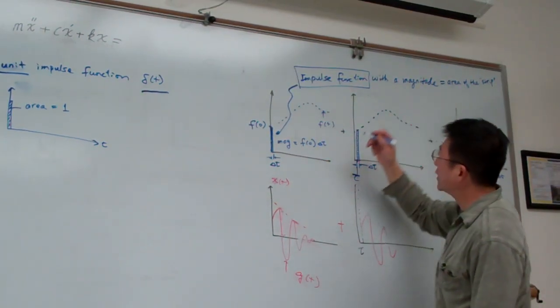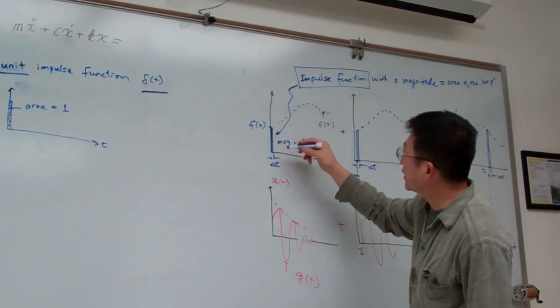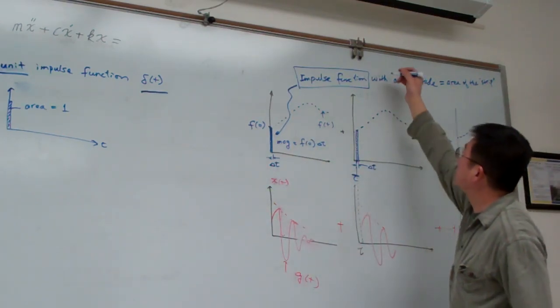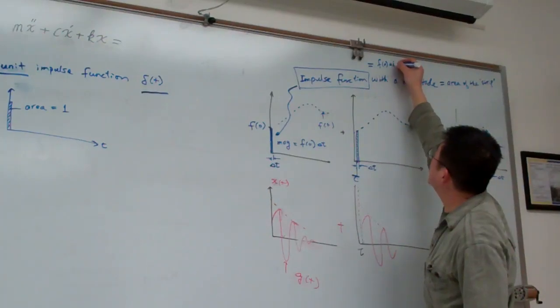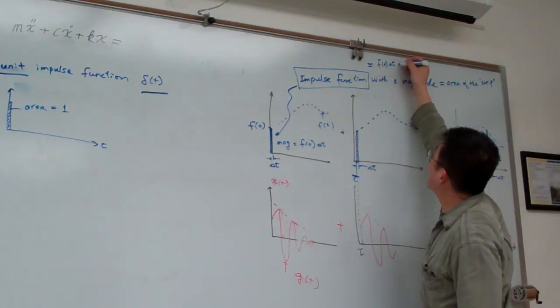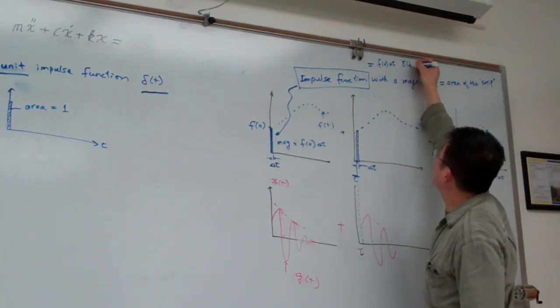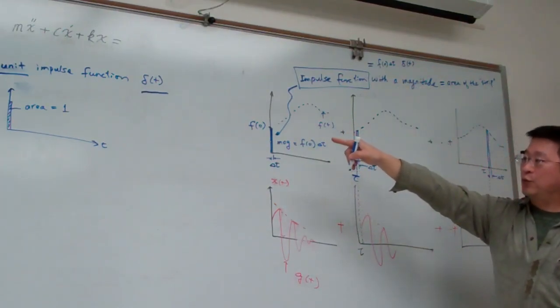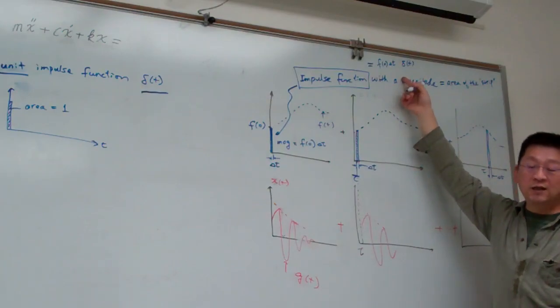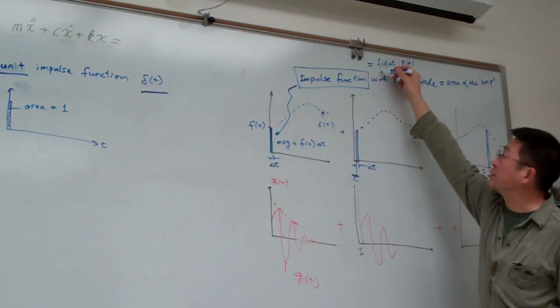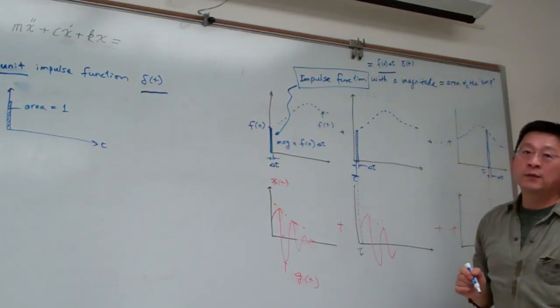So this pulse function simply equal to f0, that is the magnitude, times delta t. If you like to put it into the function, the name here, you can use this description. This simply is a magnitude.